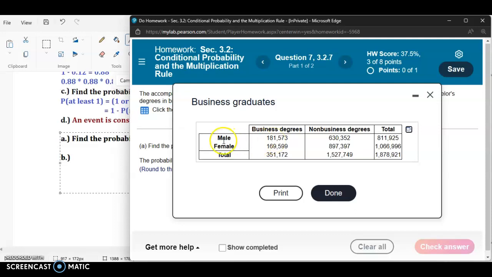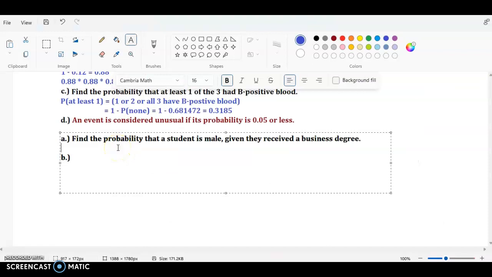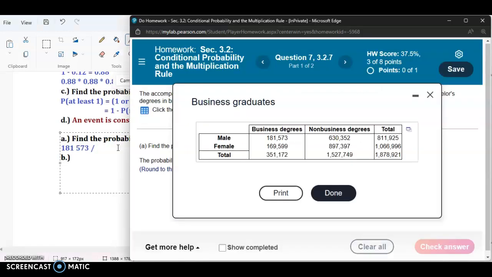The events of male and business degree intersect at this number here, 181,573. And because we know that this particular student has a business degree, we are restricted to the total number of students who have a business degree, which is 351,172.